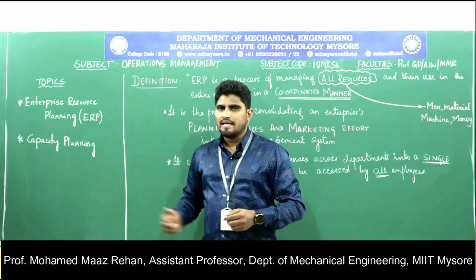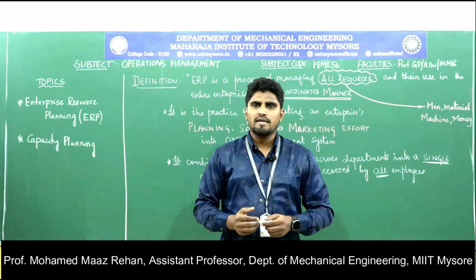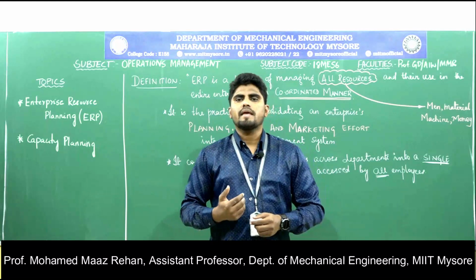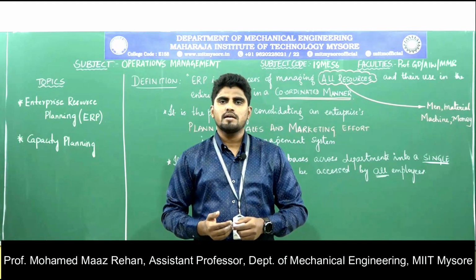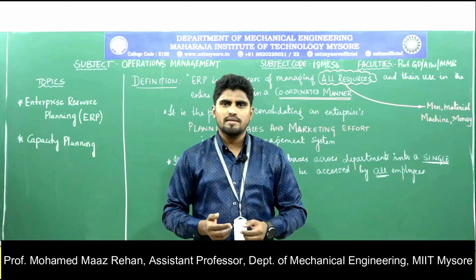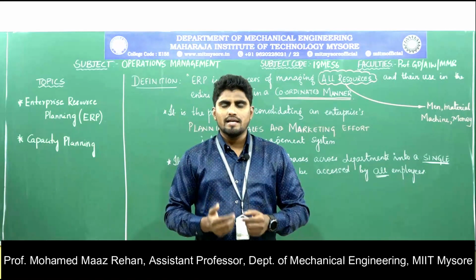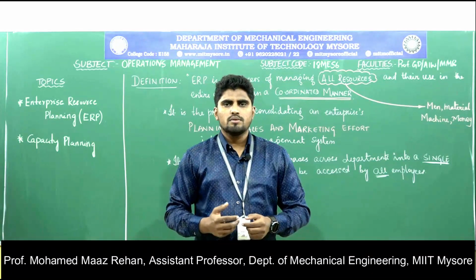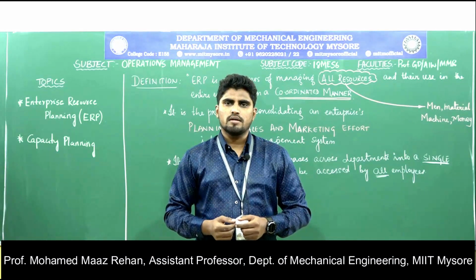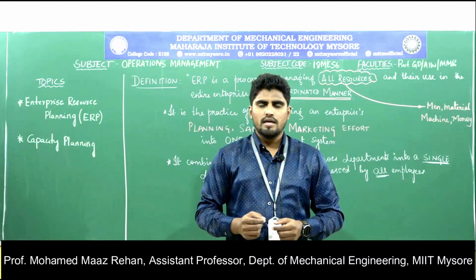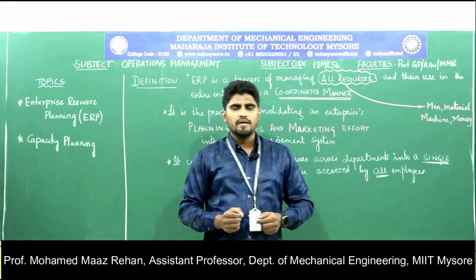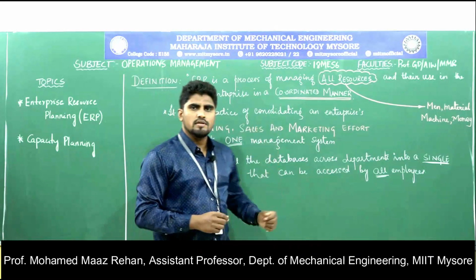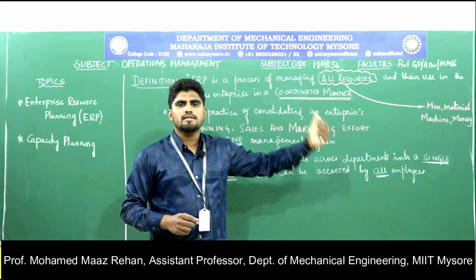So what exactly is ERP? Why do we need ERP? We shall take some examples, considering without ERP and with ERP, and we can illustrate by taking an example of a manufacturing sector. So what exactly is ERP all about? Basically, ERP, that is enterprise resource planning, is a process of managing all the resources.